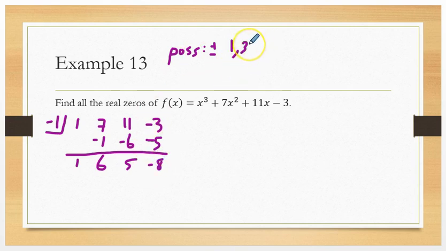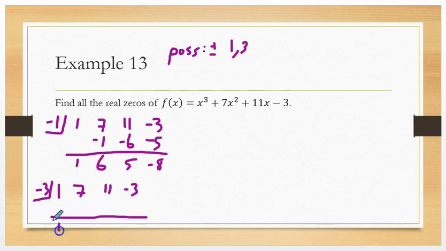Now again, I don't think 3 is a good choice because if I plug 3 into these, I'm going to end up with a huge number because these are all positive. So instead, I'm going to try the -3 answer. Coefficients are still 1, 7, 11, and -3.